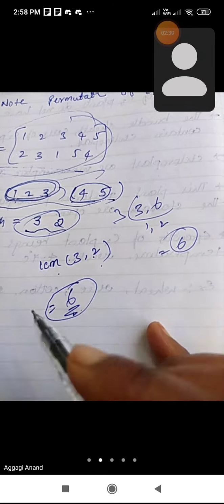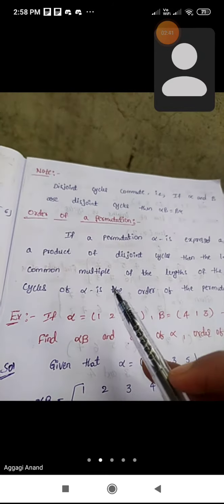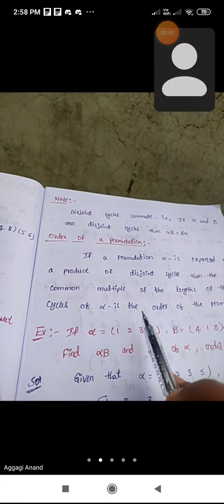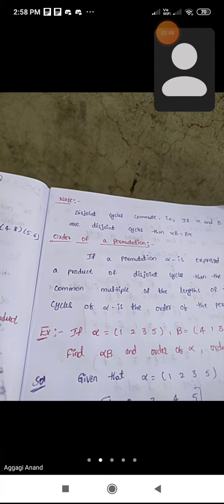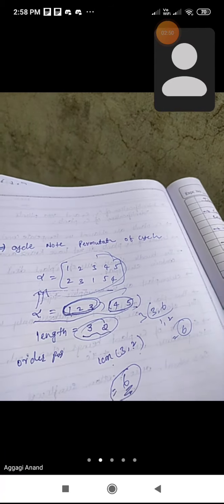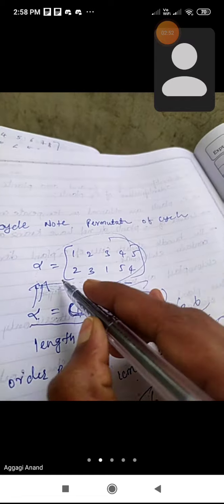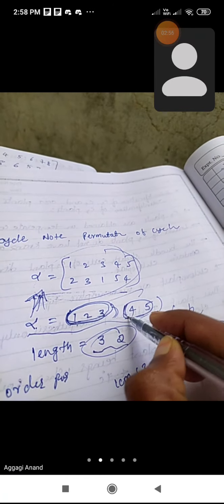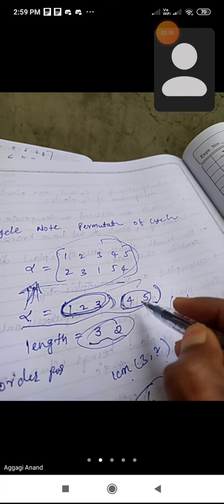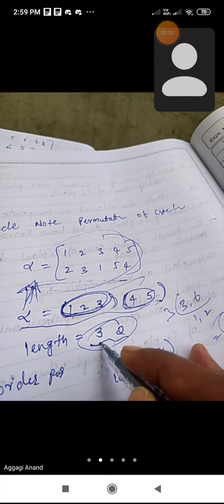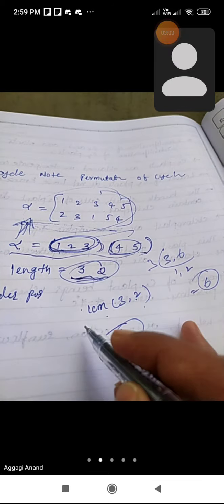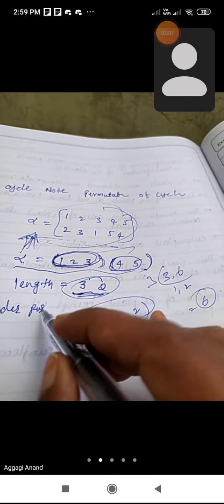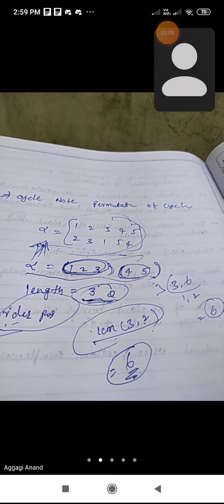This least common multiple of the lengths of the disjoint cycles is called the order of the permutation. Clear? Given any permutation, first we express it in cyclic notation of disjoint sets, then find the lengths, then the least common multiple of the lengths is called the order of the permutation.